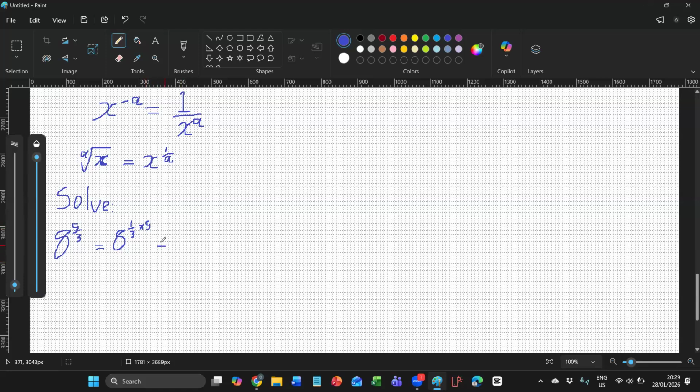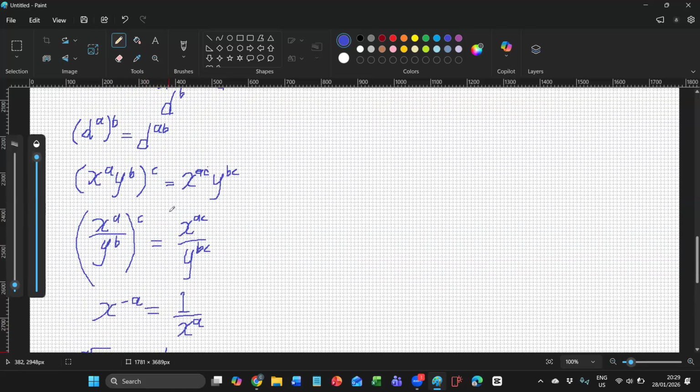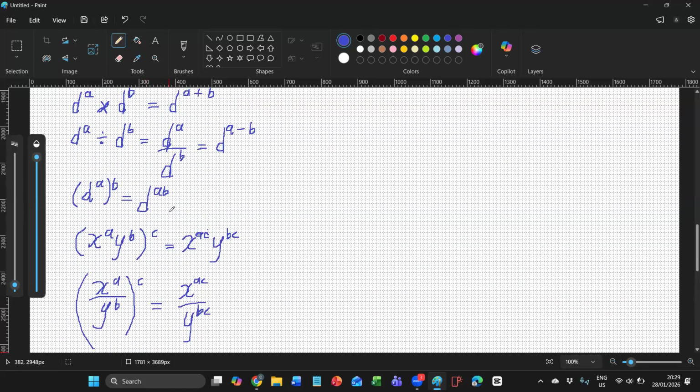Let's keep going. Now, I want to apply one of the laws, and I'm going to show you the law I want to apply. So when you see it being applied, you will see that laws can also be applied like this. The human eye tends to only see things in one direction. Now, when I showed you this particular law, let me put a square around it. Not that it is anything special, but because that's the one I'm trying to apply now.